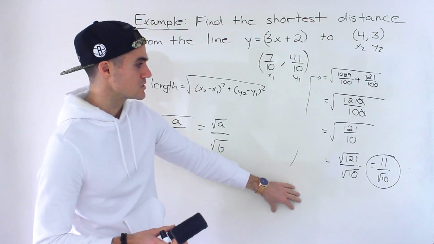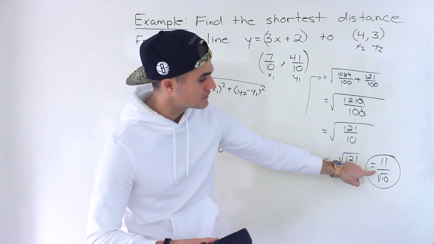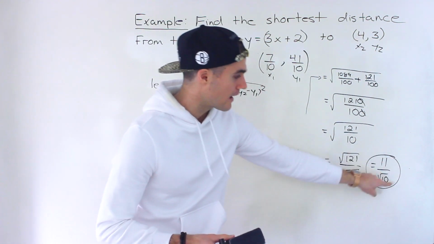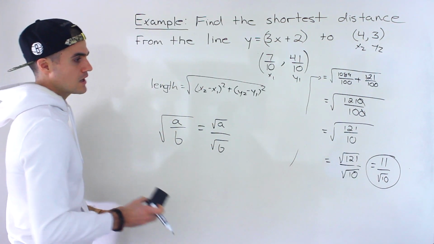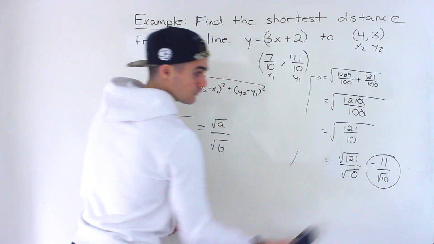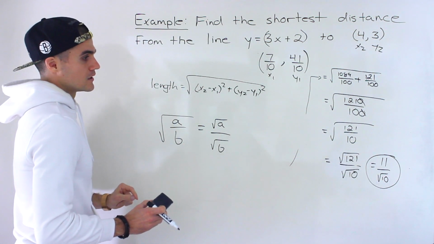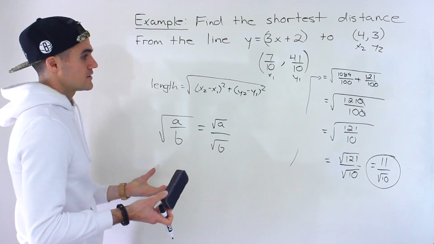And then if you get a decimal value and the answer in the back of the textbook is in this format, you could just find the decimal value of that and compare it to yours. Make sure that they're the same. Okay, but if you do have to get to this kind of format, that's the way you do it. So 11 over root 10 is the final answer to this question.